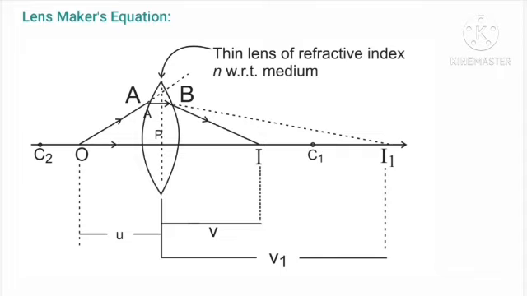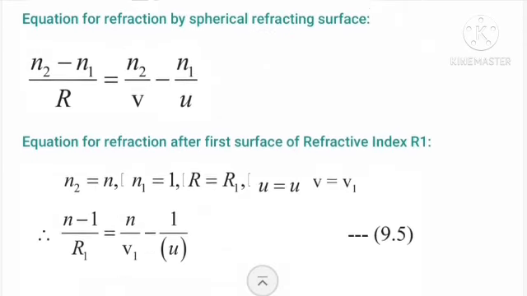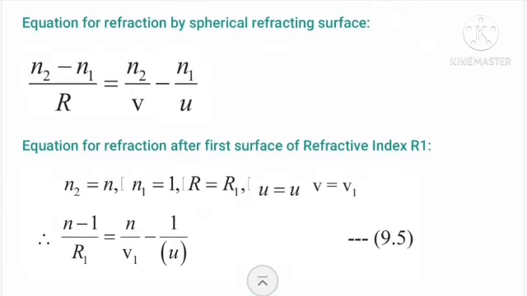Now if you put the values for this virtual image in that equation for the first surface only: the refractive index of the lens medium is n2, which is considered as n, and air has refractive index 1, so n1 is equal to 1, and r is equal to r1 because we are talking about the first refracting surface.